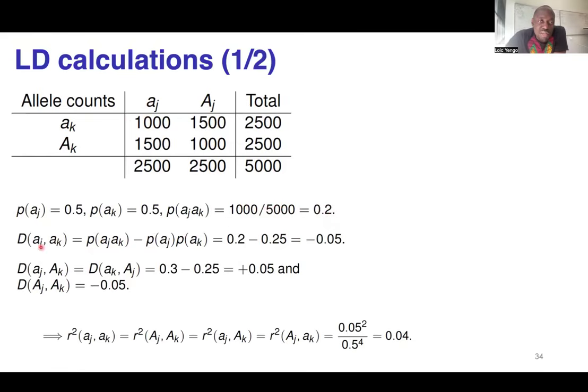And if you calculate the linkage disequilibrium here, we're getting 0.2 minus 0.25, which is a negative linkage disequilibrium. And then you can look at the normalized version, and here I'm mostly showing the normalization by the R square. And we can verify that the R square is the same for all combinations of alleles. If you were to apply the same strategy, you get the same notion. And that R square in this context is going to be 0.04.